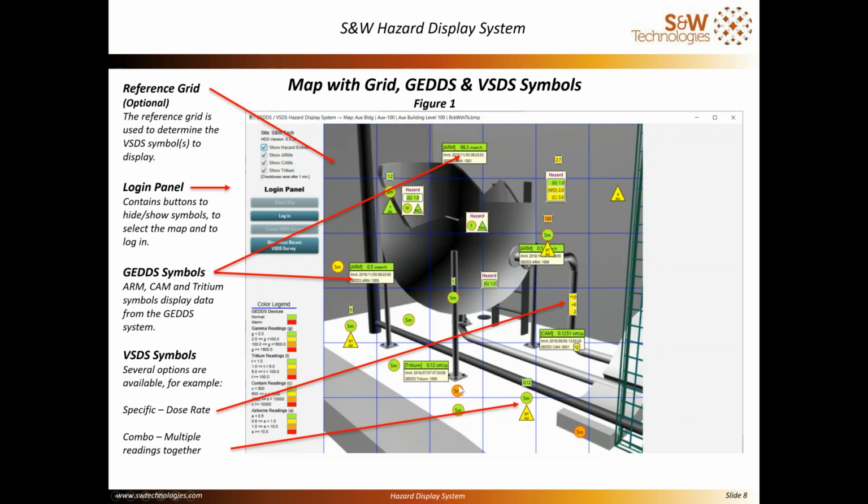And you can see that symbols are color-coded based on the value in them that corresponds to the coloring legend here on the left. So what I'm going to do now is I'm going to switch over to the live application and then show you how this all works here in real time.